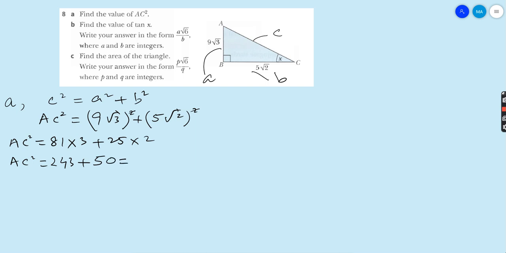So 243 plus 50 is 293. Answer of part A is 293. AC square is 293.